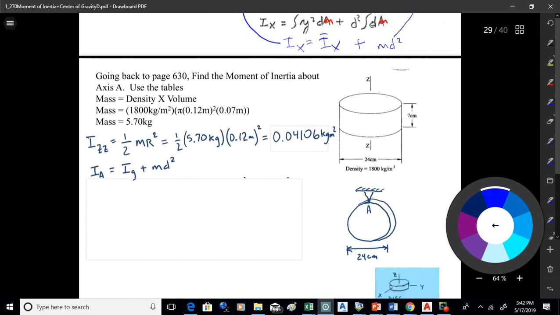So why don't we look at this situation with that disk. Let's put a pin joint through A, and let's get an indication of how hard it would be to make this disk rotate about that pin joint. So let's find the moment of inertia of that disk about a point on its edge.